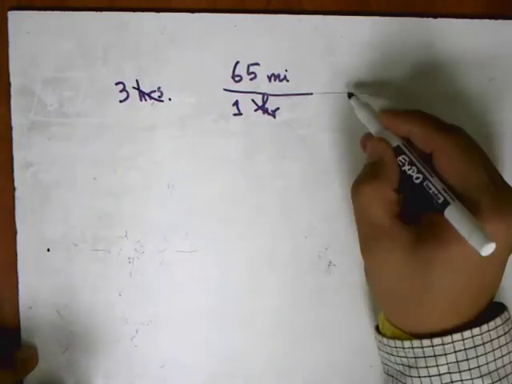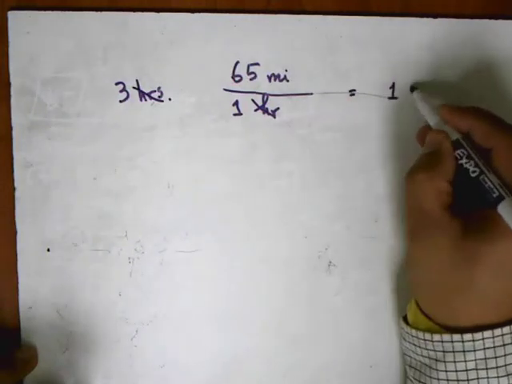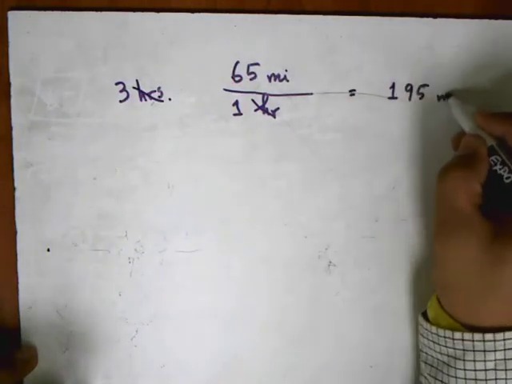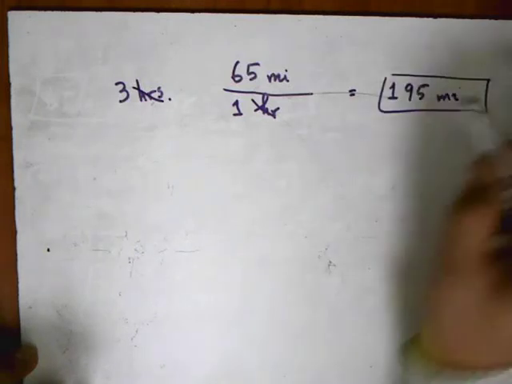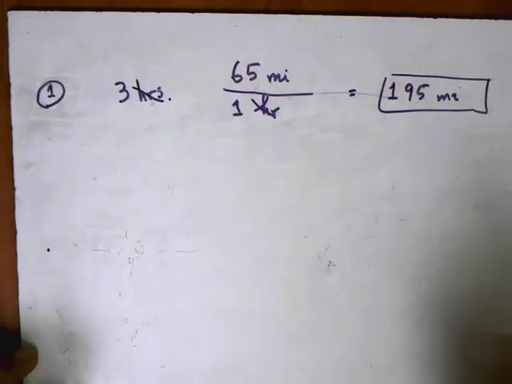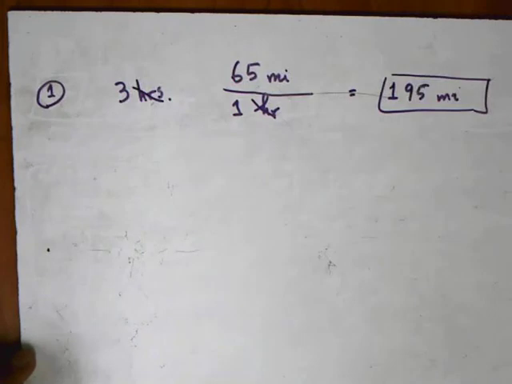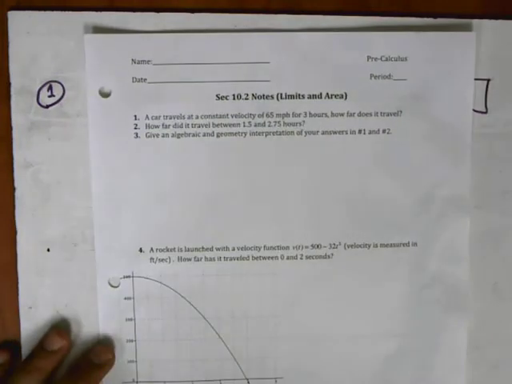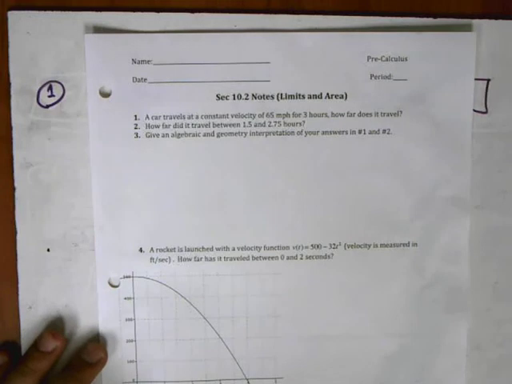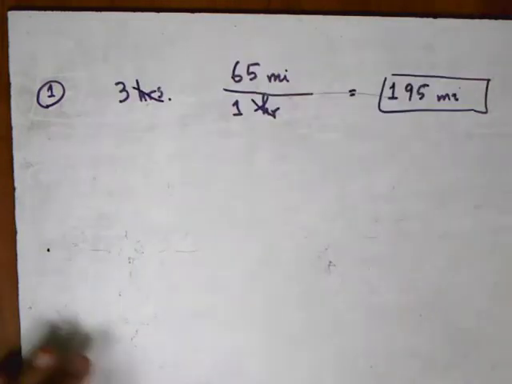Hours cancel, and you end up with 195 miles that it traveled. And it traveled this far in 3 hours. And this is number one. Fairly simple problem.